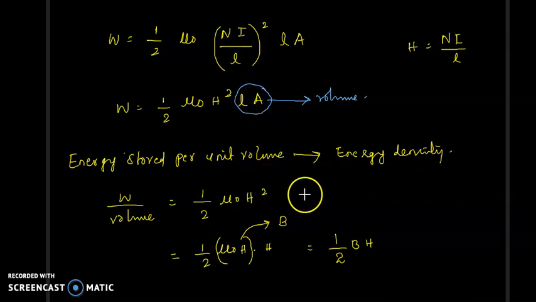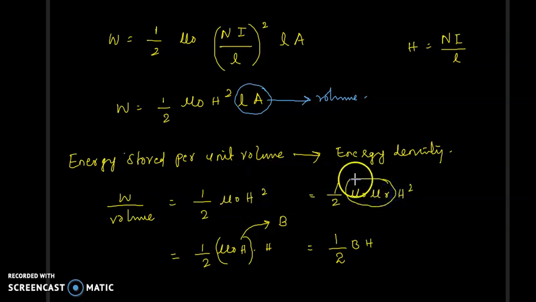If it is an iron core inductor, this expression becomes half mu naught mu r H squared. If it is an air core, the earlier expression applies. If it is an iron core, you need to multiply by the relative permeability of the iron. It changes with the material.